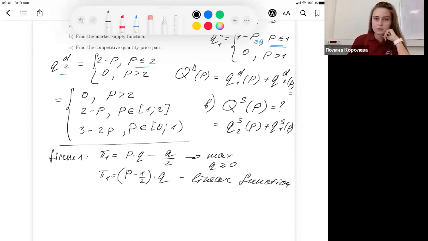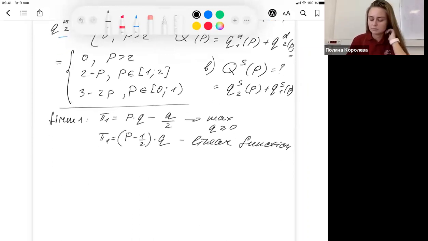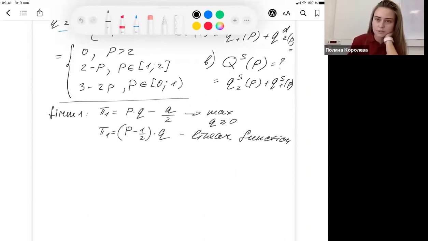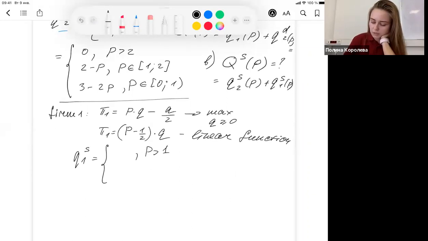And how we will maximize it? Easy. Yes. For different prices, we will choose different quantities. For example, let's say quantity for the first firm as a function will be equal to, if the price is greater than 1/2.